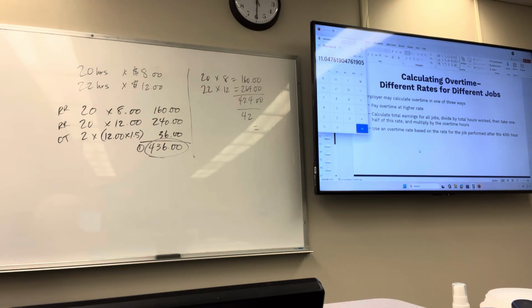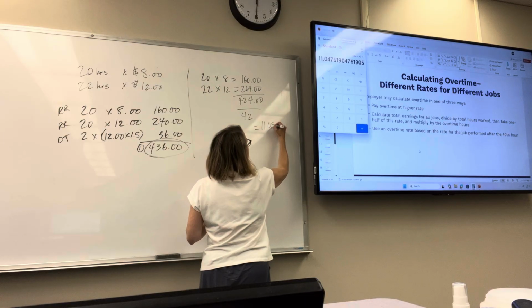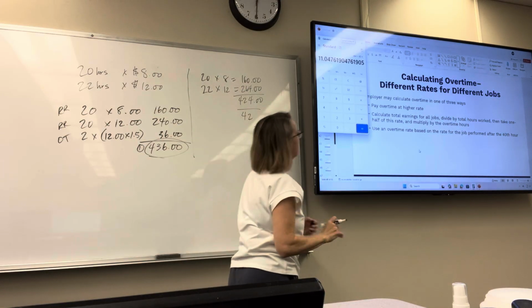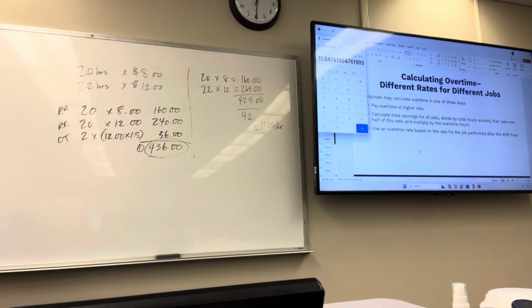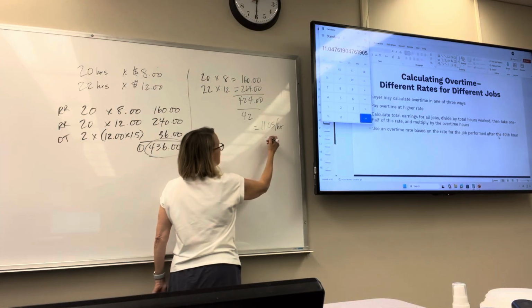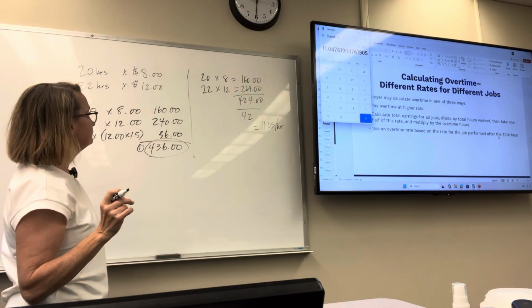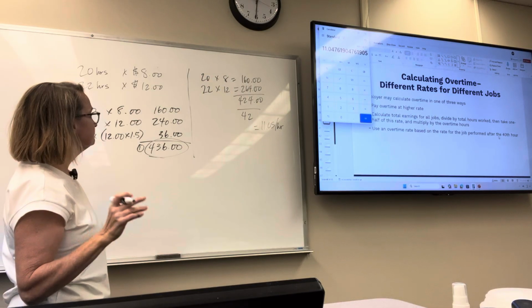So 10.095. We're going to round that. This is what we're going to use to calculate our overtime premium. We're going to take 1/2 of that rate and multiply it by the overtime hours. Where did I get 264?